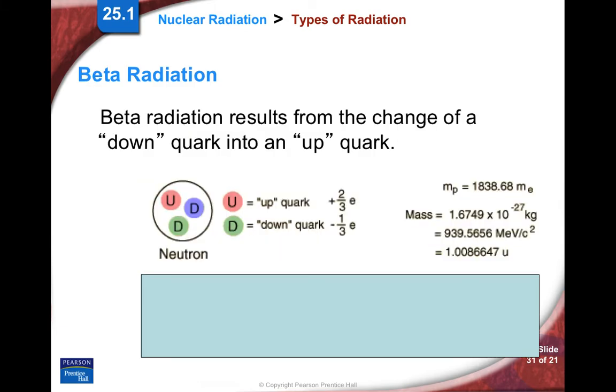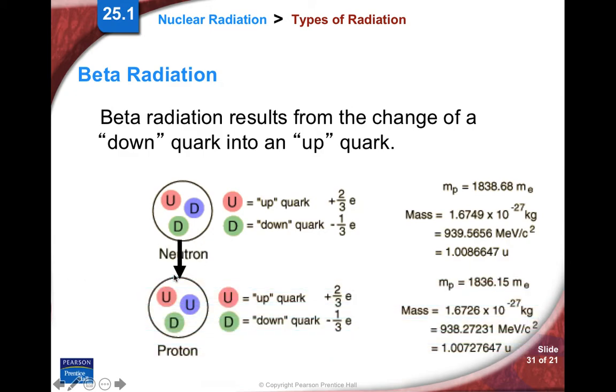Beta radiation is a little different. Again, how in the heck does an electron come out of the nucleus? Well, it's weird. All this gobbledygook over here you don't need to know, but you do need to know that neutrons are made of quarks, 1 up and 2 down quarks, and a neutron can turn into a proton, and that makes 2 ups and 1 down quark.